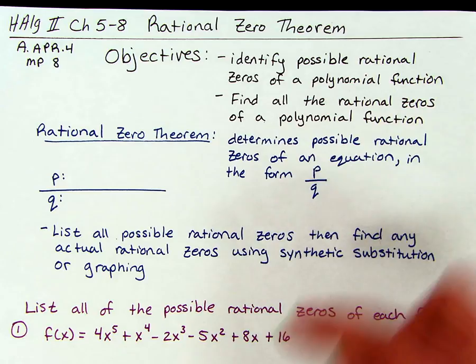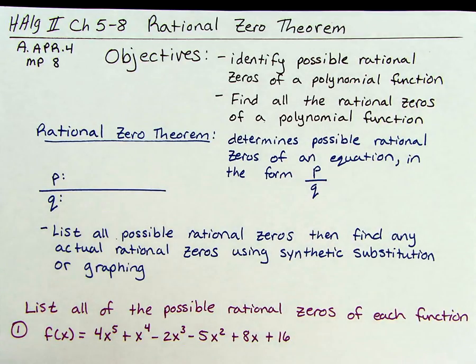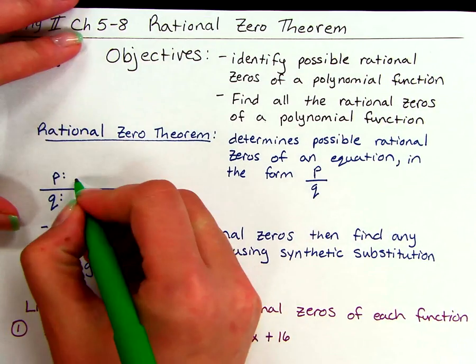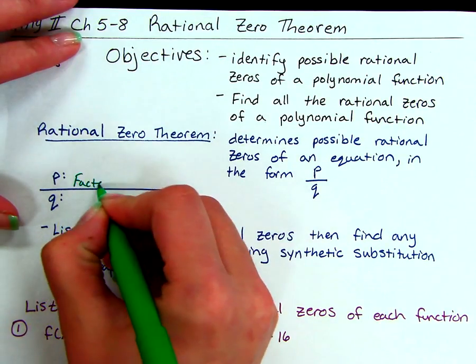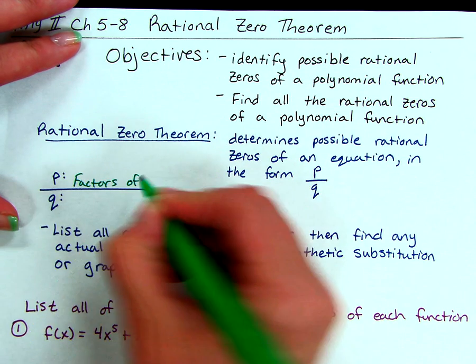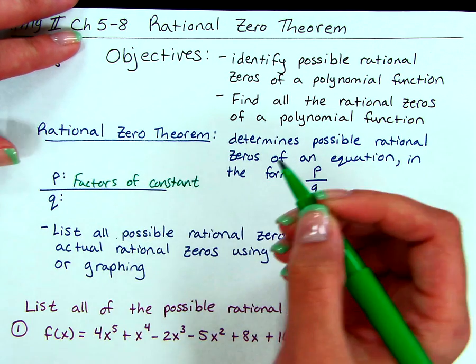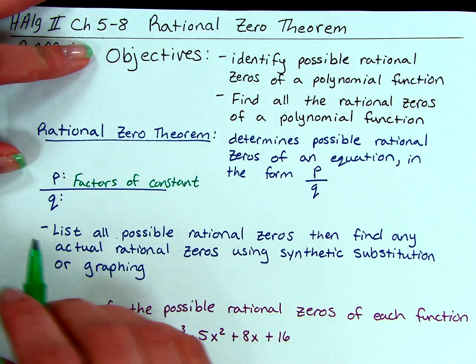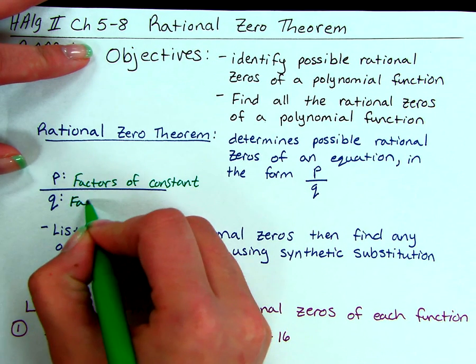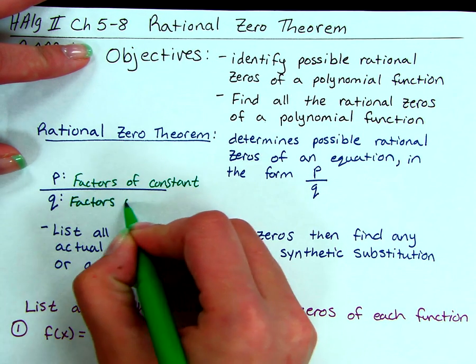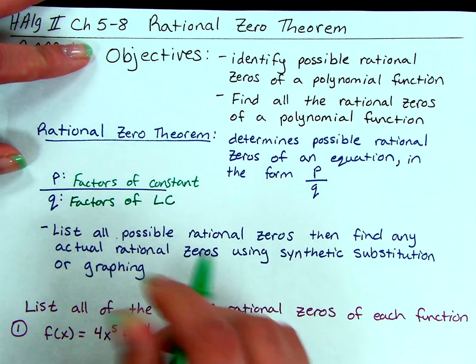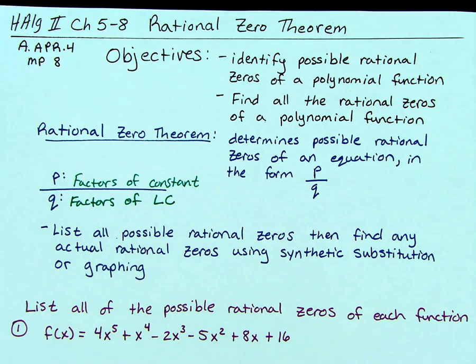This P over Q means that we are going to take the factors of the constant, so that's the number without a variable, and then the Q are the factors of the leading coefficient. LC stands for leading coefficient.